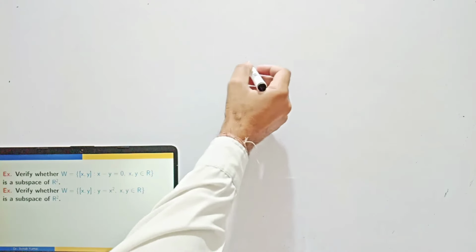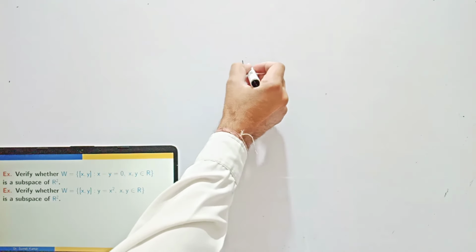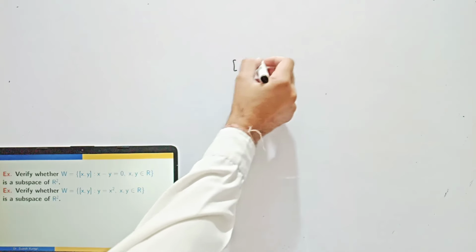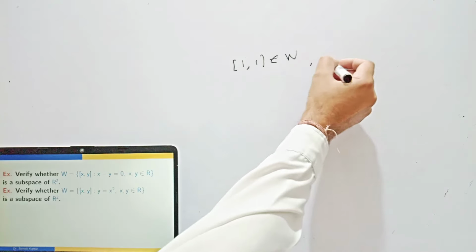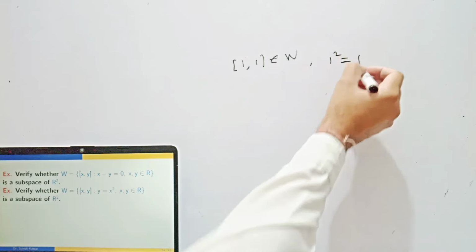Do you think that both properties are satisfied? See, vector addition is not satisfied in this example. (1, 1) belongs to W. Why? Because 1 square equal to 1.